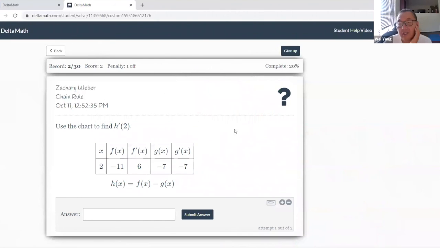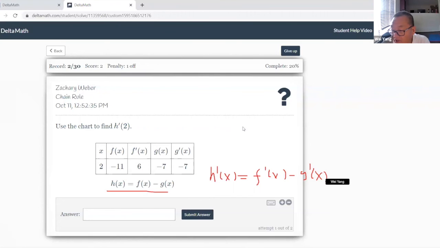Good. Now let's see this one. This one asks you to use this chart to find the derivative of hx at x equals 2. Say based on this function, hx equals this, right? So that means h derivative of x equals fx derivative minus gx derivative. Then just find the derivative of f at 2, then minus derivative of g at 2.